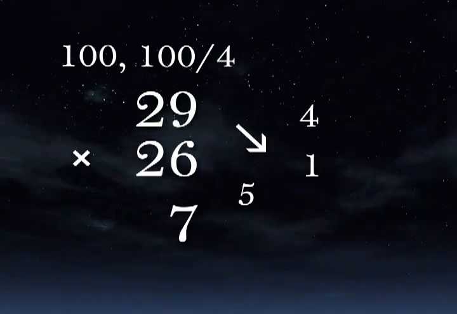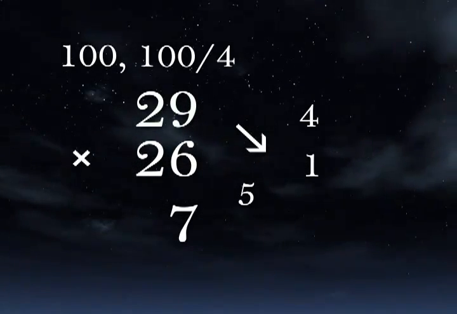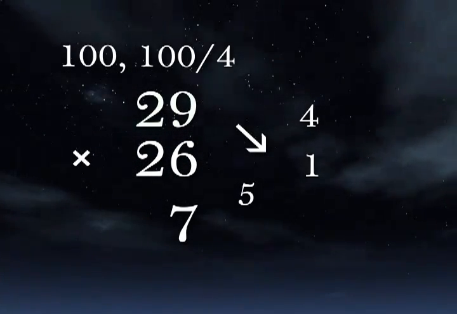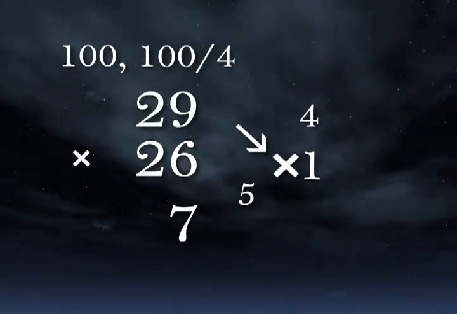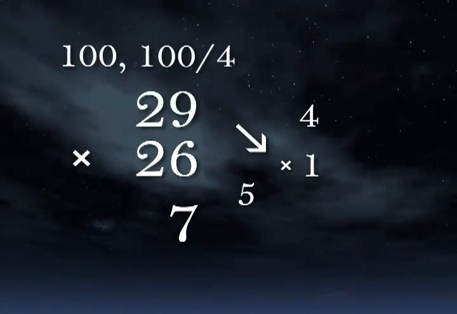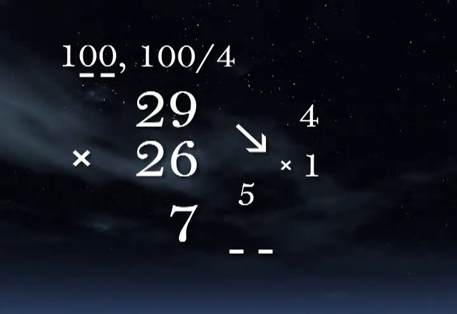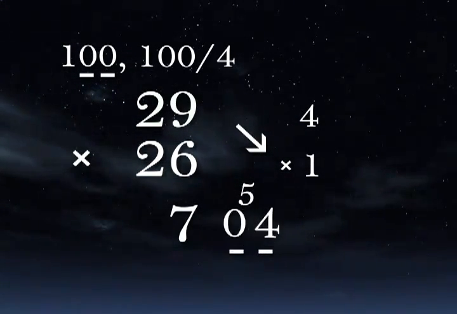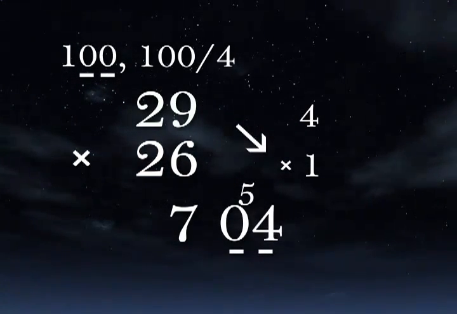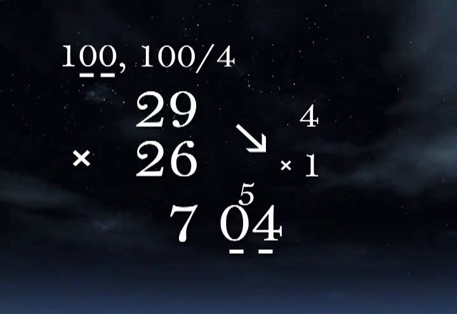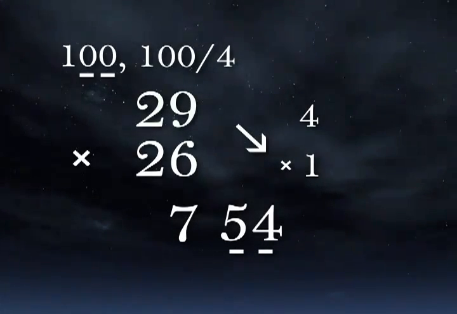If you get a decimal amount like this, just carry it to the right, but we'll come back to that. The right side, 4 times 1 is 4. The actual base has 2 zeros, so the right side gets 2 digits. Instead of writing 4, we write 04. With the carried 5, we get a final answer of 754.